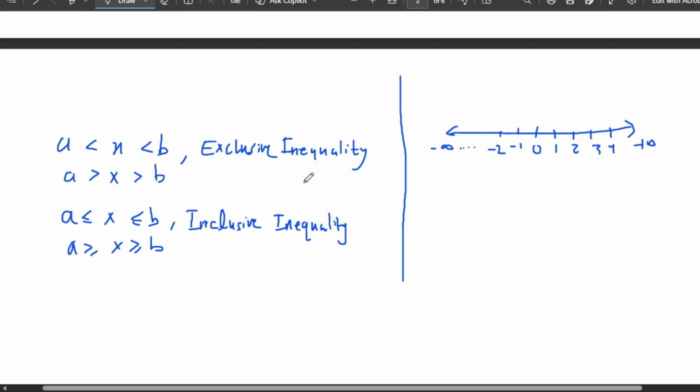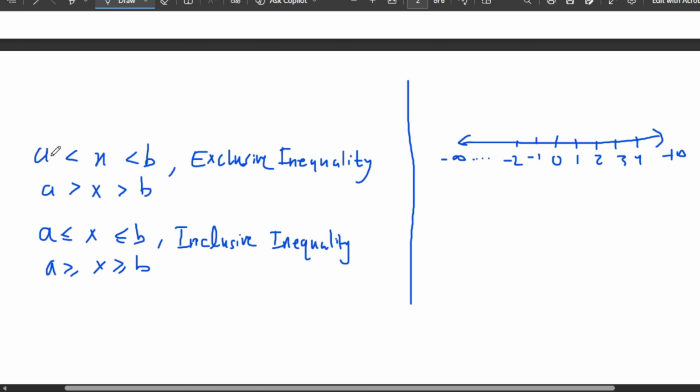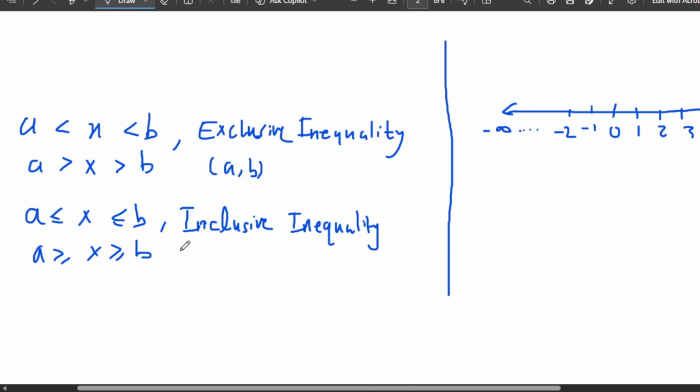So remember that if we have the exclusive inequality, we have open parentheses, a and b. If we have an inclusive inequality, we have closed brackets, a and b.